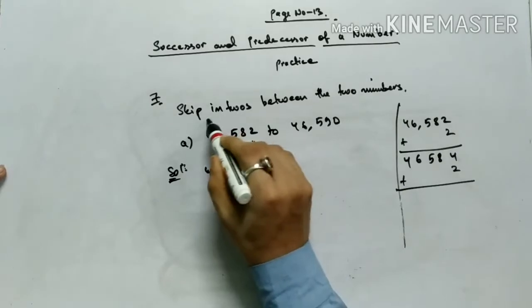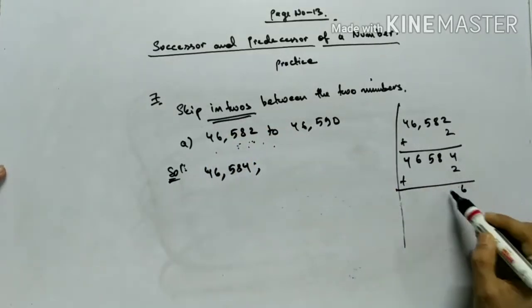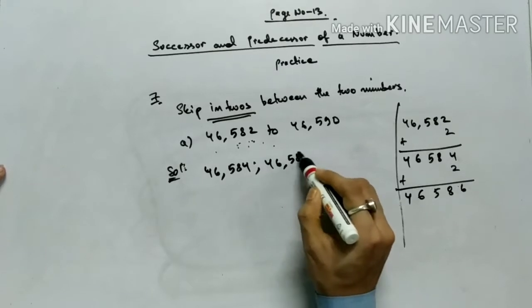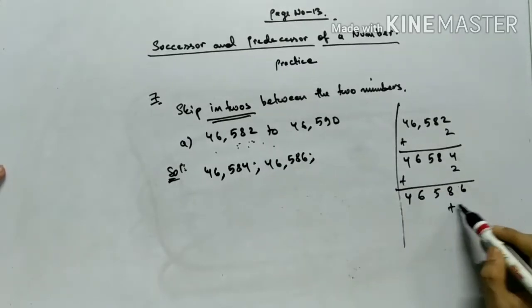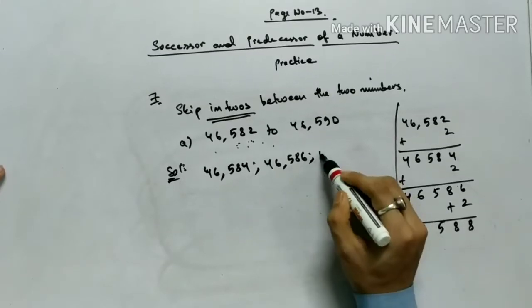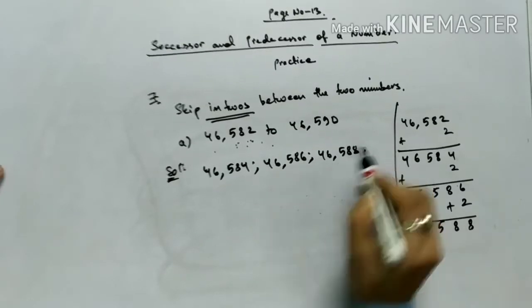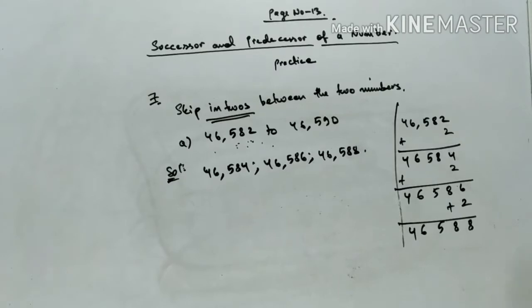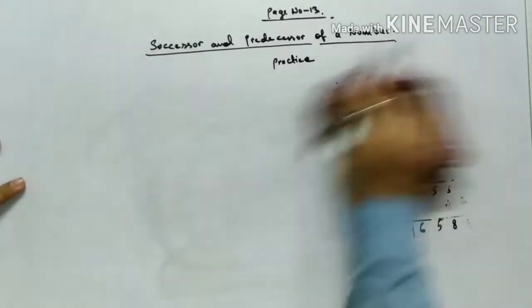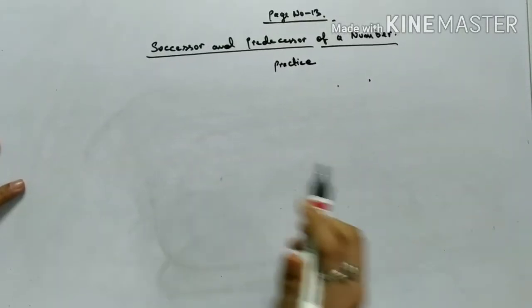That is only skip in twos. 46,586. Then again with this you add 2, 46,588. This one finished. Understand?